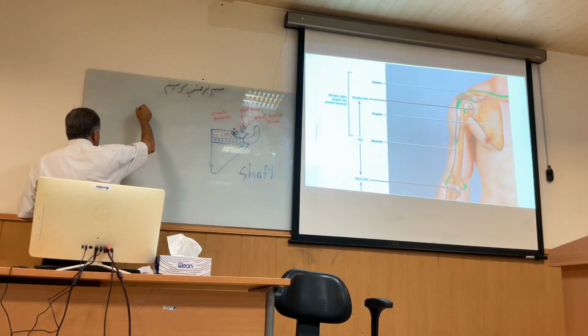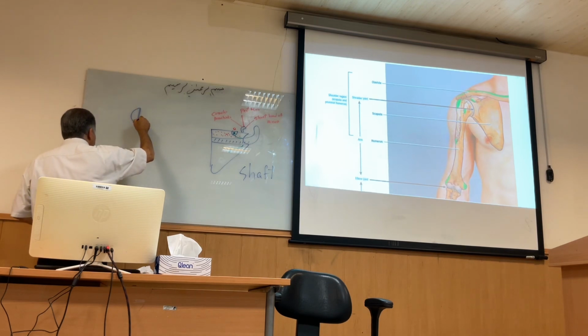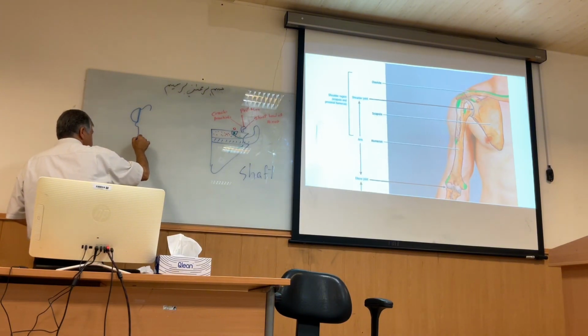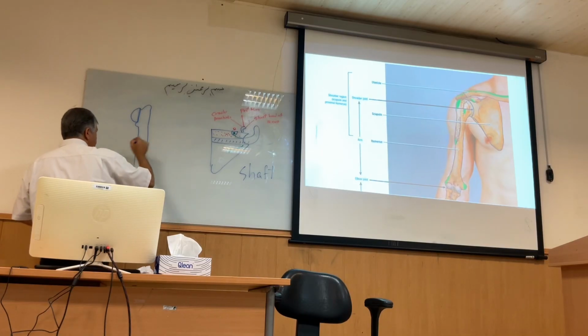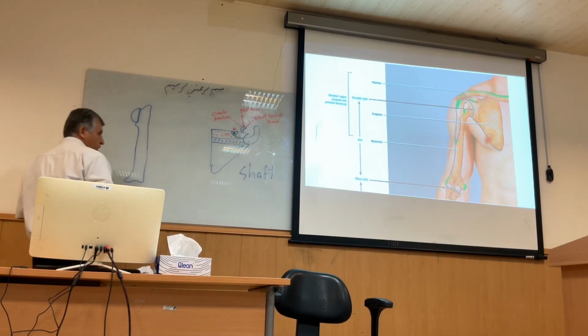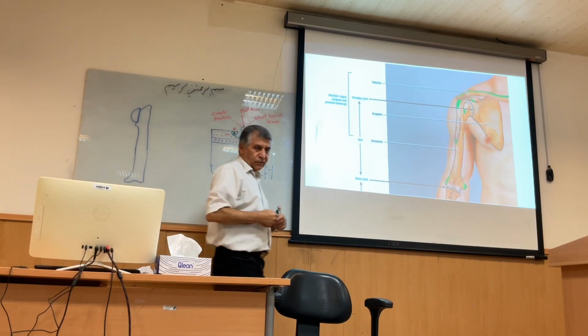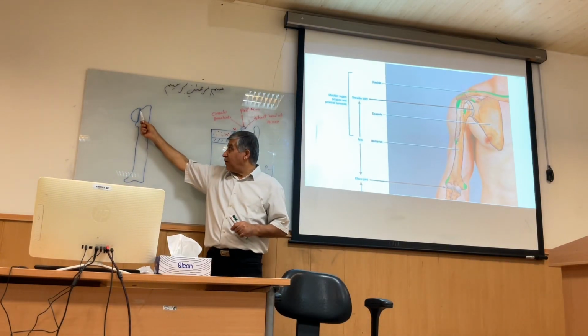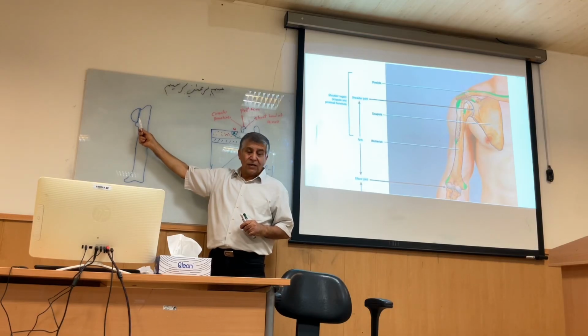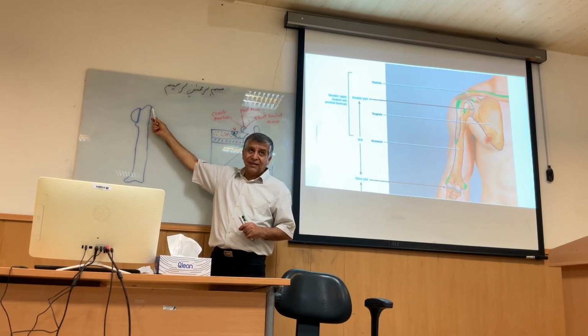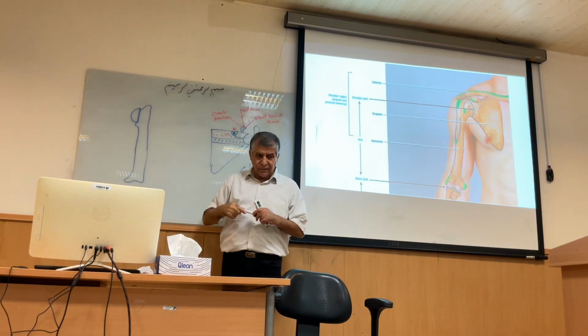In the upper end, you can see the head, anatomical neck, greater and lesser tuberosity, and shaft of the humerus. Okay? The head articulates with the glenoid and is bounded by the anatomical neck. You can see the greater and lesser tubercle.